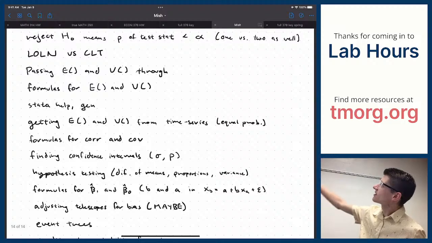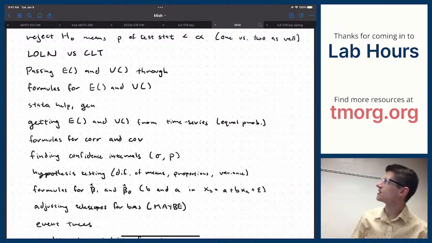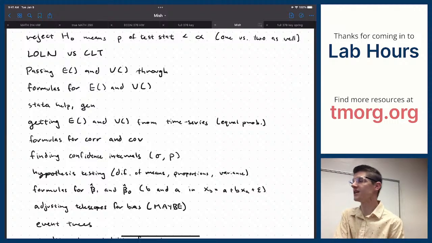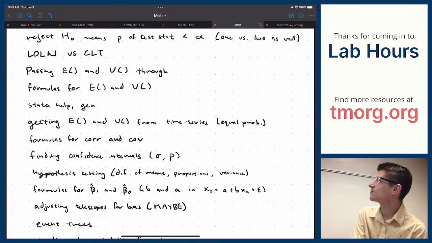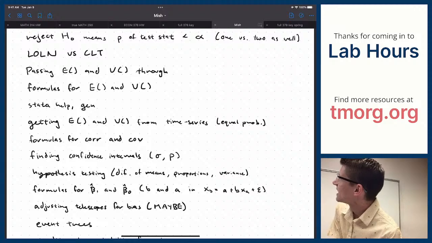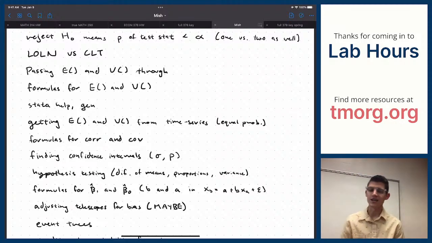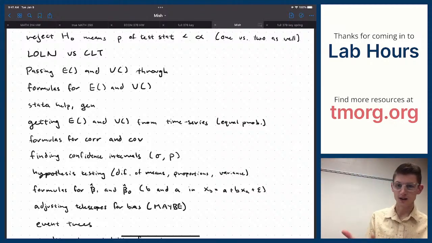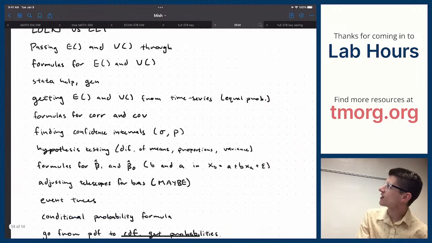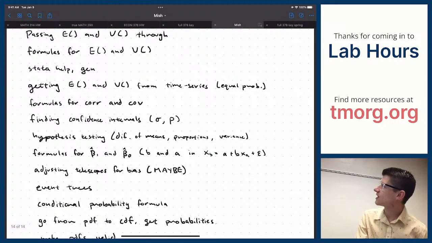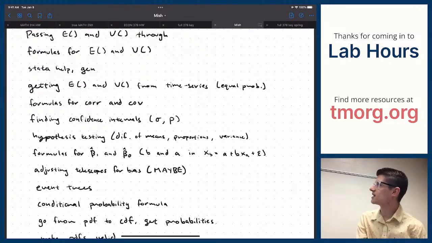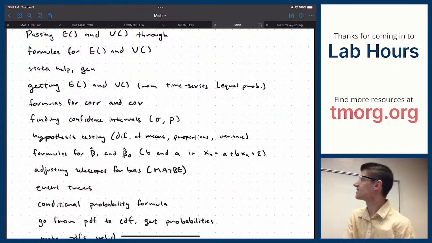Rejecting the null hypothesis, law of large numbers versus the central limit theorem, passing E's and B's through, formulas for mean and variance, how to read a Stata help file, how to read the gen command, getting the mean and variance from data across different days, formulas for correlation and covariance, finding confidence intervals, hypothesis testing, formulas for beta hat 1 and beta naught, which she calls B and A for reasons I still don't understand.